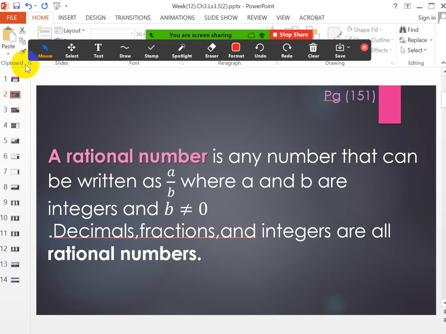What is a rational number? A rational number is any number that can be written as A over B, where A and B are integers. That means they may be negative or positive, right?